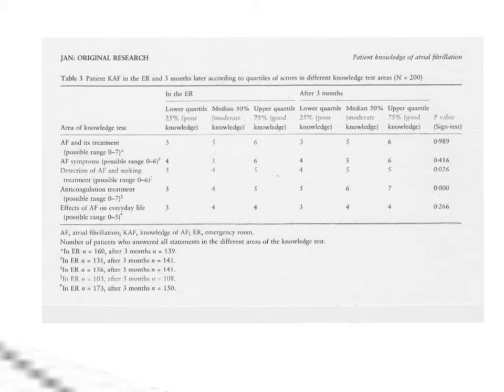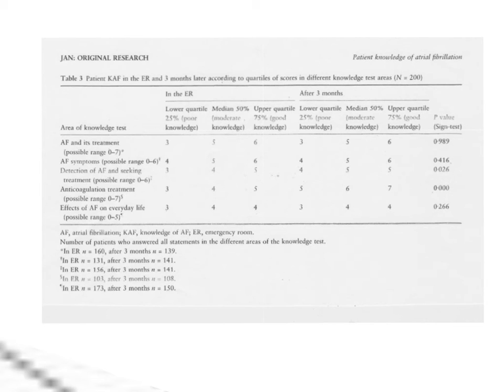These same calculations were done again at 3 months after the visit to the ER, and the scores were compared to see if there was a significant change. You can see that there were 2 areas that showed improvement from the ER test to the 3-month test. One was in the detection of AFib and seeking treatment.